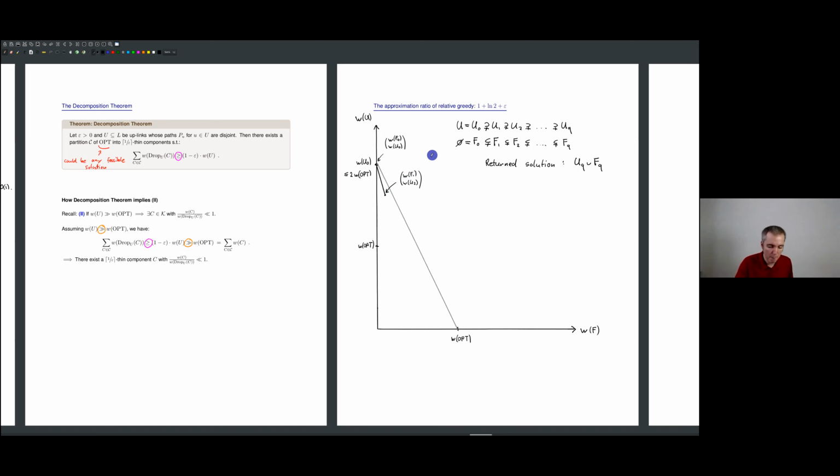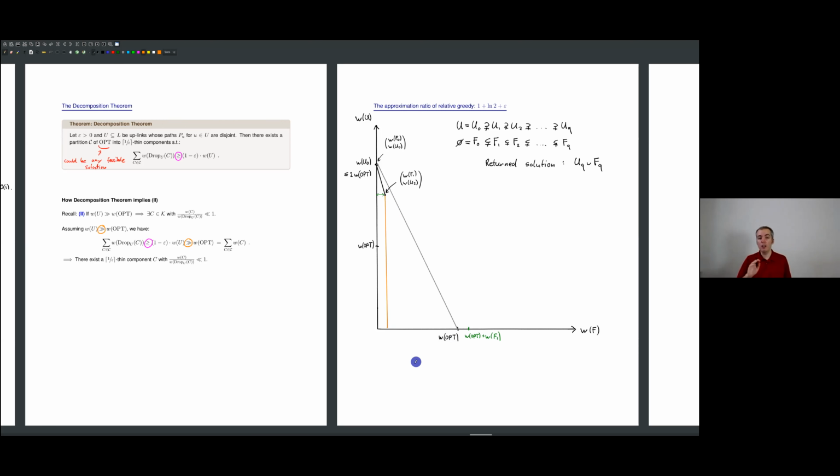Now let's continue. What is now the slope, the guarantee we get through the decomposition theorem? Here we have now moved a little bit away from the x-axis by the weight of F1. So there will be a point. Let me just write down the green point here. Let me just reorganize things a little bit. So this is the weight of opt plus the weight of F1. Now I know that whatever is left in terms of uplink weight is this.